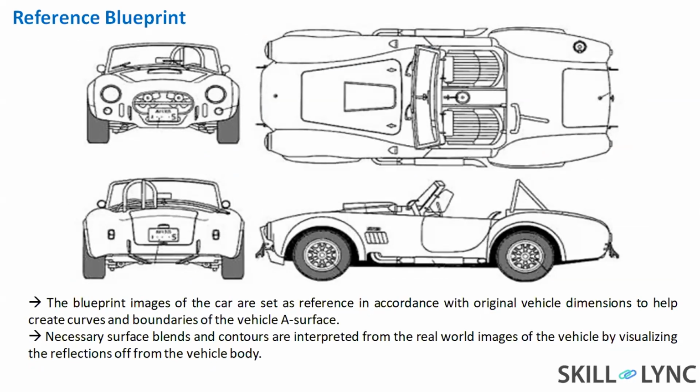So I set these blueprint diagrams in appropriate planes according to the original vehicle dimensions, and started creating the primary surface, which in turn became the reference for me to create the chassis and the cockpit.